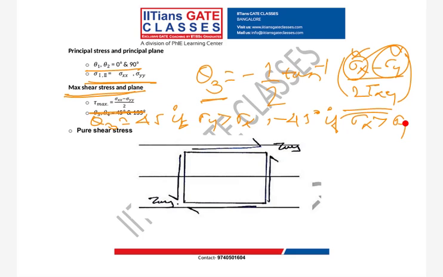What is the value? Tau max is (sigma xx minus sigma yy)/2, or you can use the formula and find it out. The value depends on what?